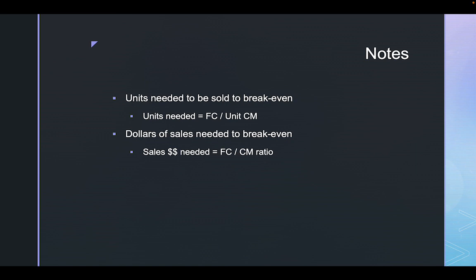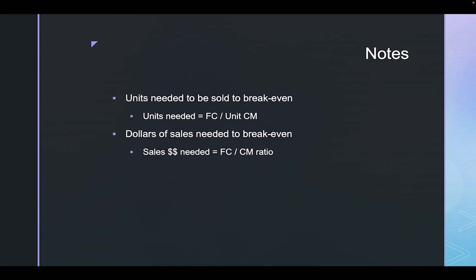And both formulas have contribution margin in the denominator, which again is easy to remember, but it doesn't help us distinguish between the two. So the way that I remember this is, if I'm trying to find the units needed to break even, it's got to be the unit contribution margin in the denominator. So when I'm looking for units, I use the unit CM.